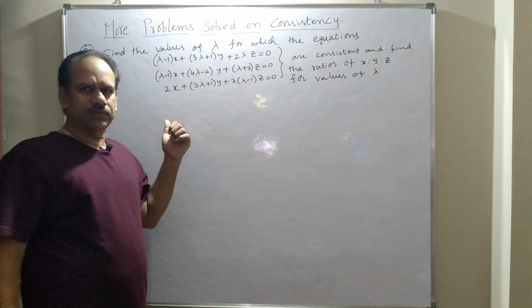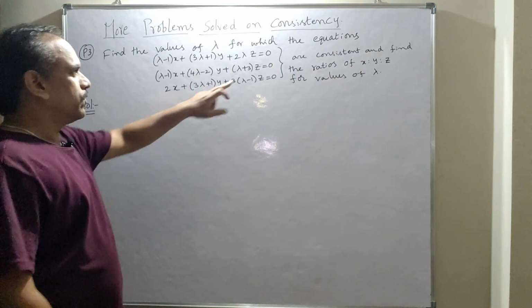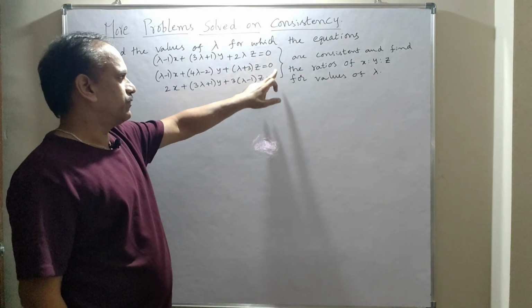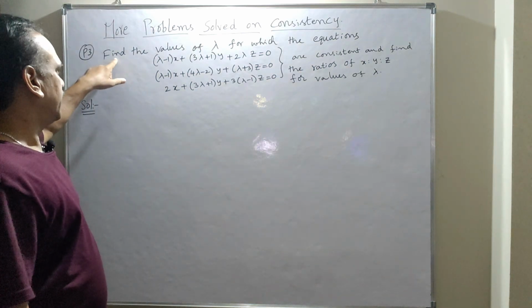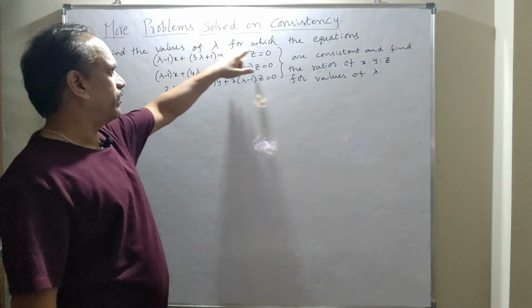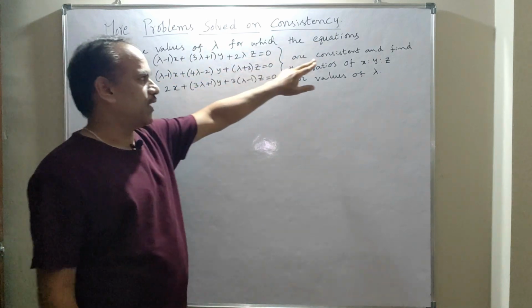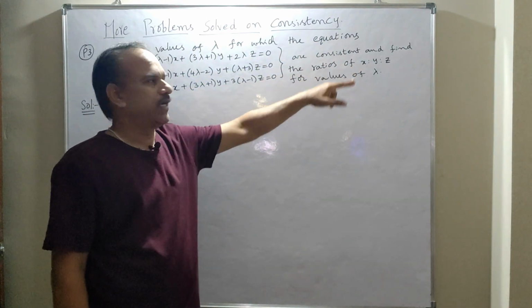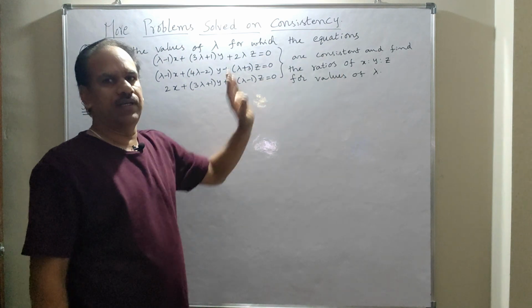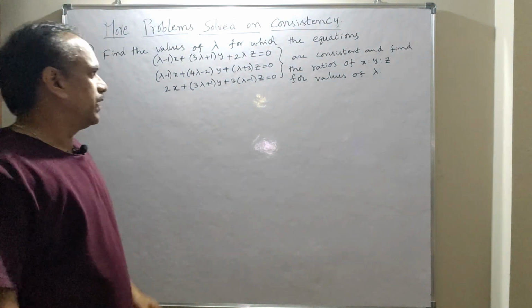Okay. So coming to this problem, this is a homogeneous system. See, you have 0 on the right hand side. So you are asked to find the values of lambda for which these equations are consistent and find the ratios of x is to y is to z for different values of lambda.